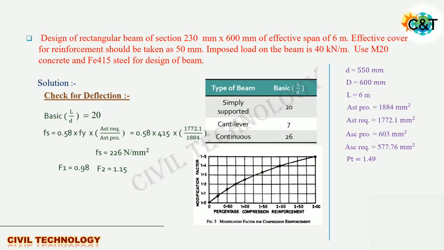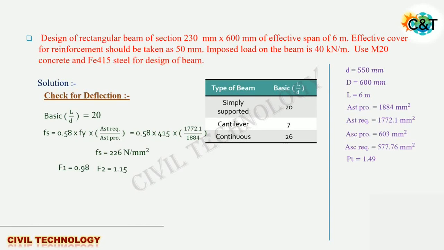So you will get the F2 value, that is 1.15. I am not going into that much detail because it is very similar to the PT value, so you can understand it easily. Okay, so that way we can calculate the F1 and F2 factors.